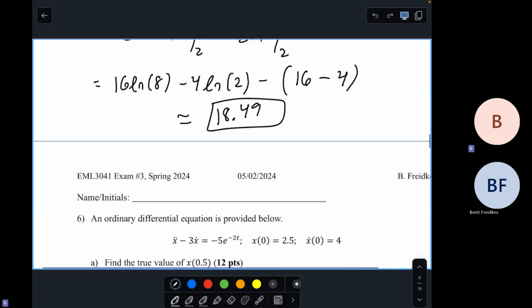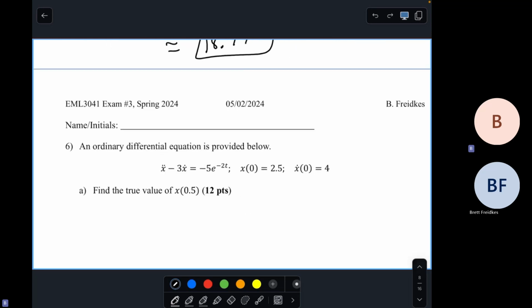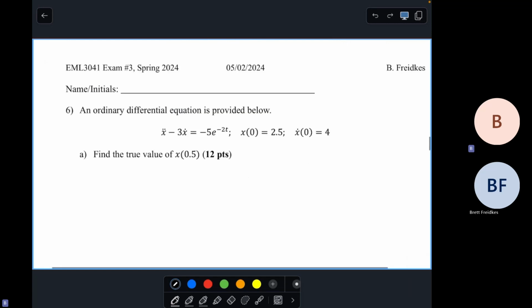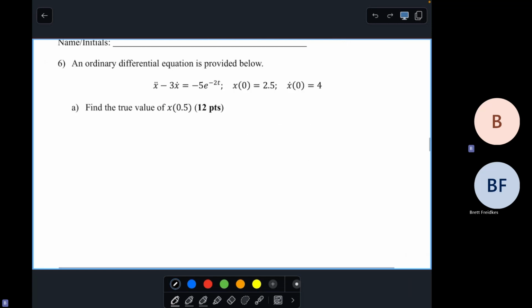Okay. Last part, differential equations. So this first part, I said find the true value of x is 0.5. Let's do this together because it's going to take a while in general for you to do this, and we don't really have the time. So our differential equation is x double dot minus 3x dot is negative 5 e to the negative 2t.